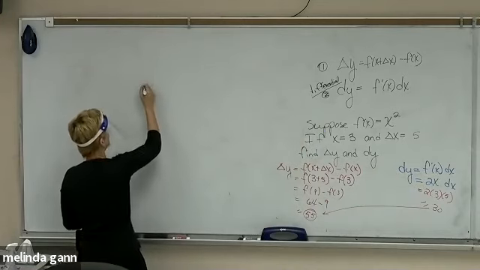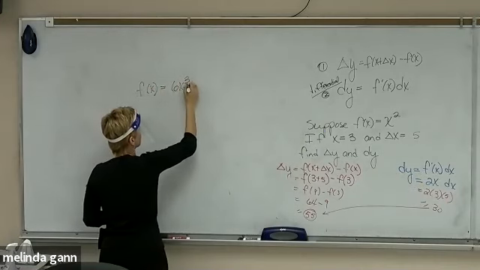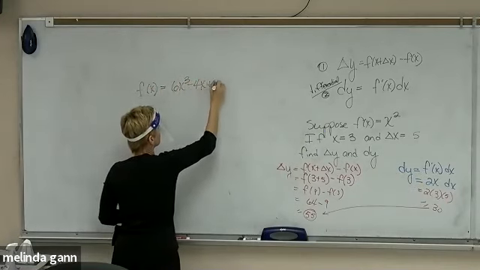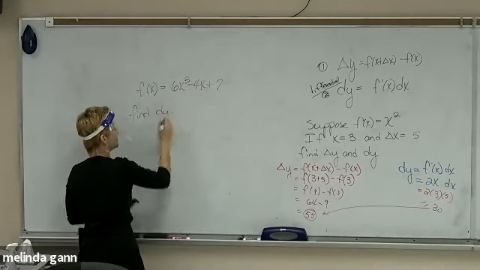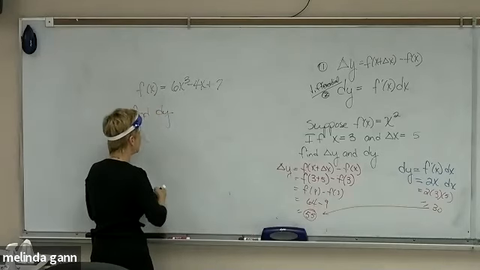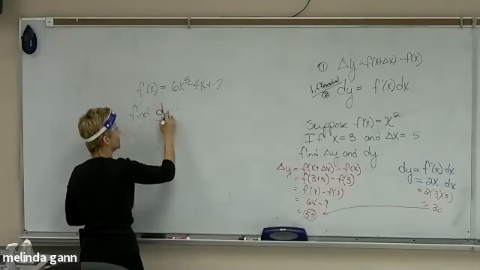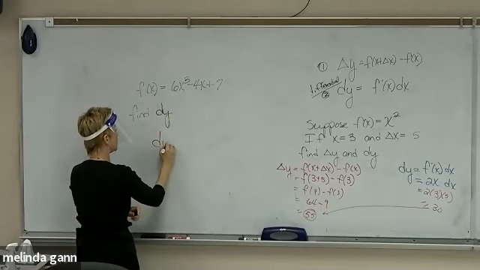So if I give you something like this on a test and I say find dy, I didn't say find dy/dx. I didn't say find the derivative. I said find the differential. Well, what's your formula for the differential?